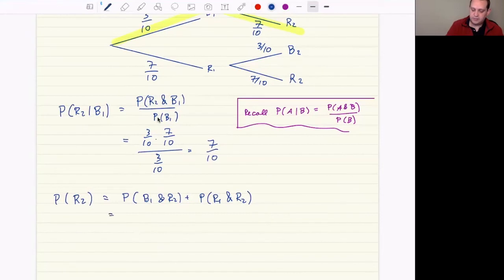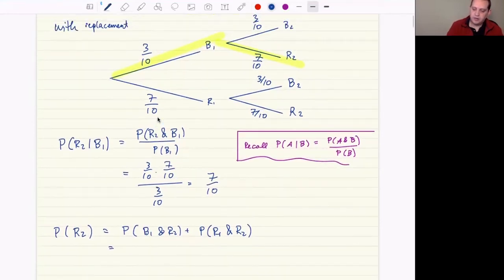And that's going to end up being, B1 and R2 is going to be 3/10 times 7/10, plus the probability of R1 and R2 will be 7/10 times 7/10. So that's going to work out to be 21 over 100 plus 49 over 100, which works out to 70 over 100, which is 7/10.